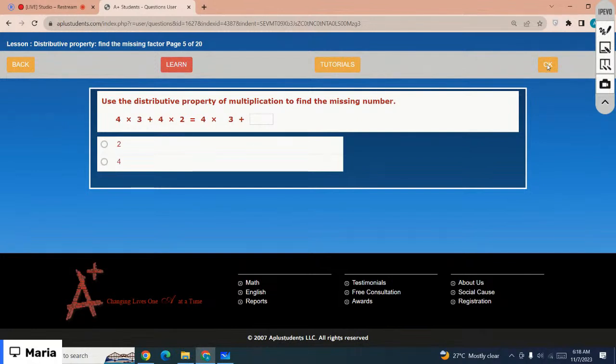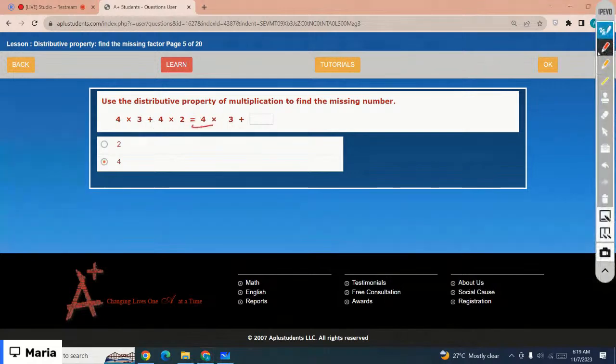Think and then answer. 2 is missing. You already have 4 here. 4 is common. You already have 4 here. You already have 3 here. So 2 is missing. Think and answer.